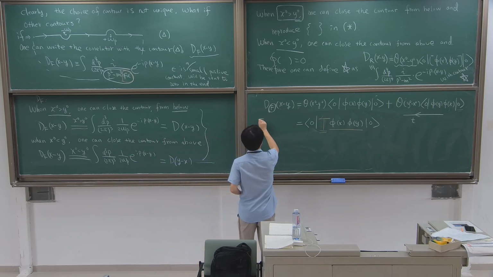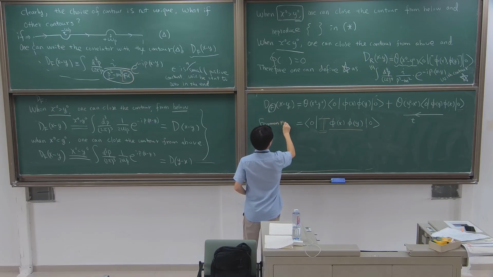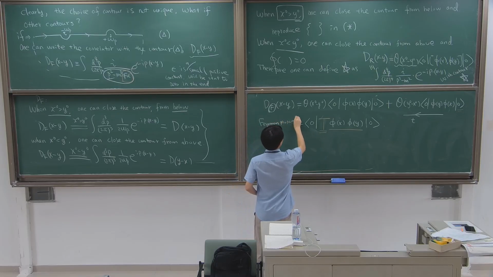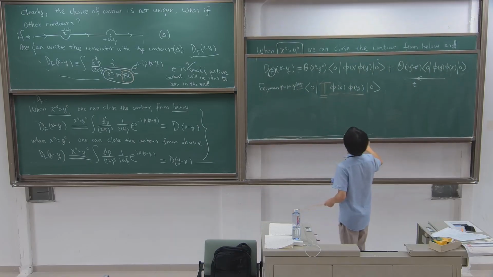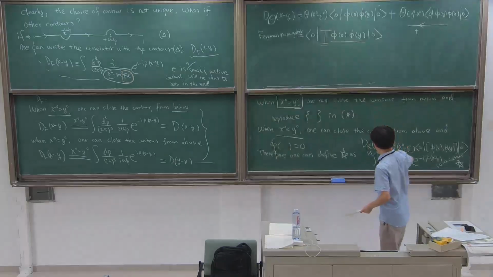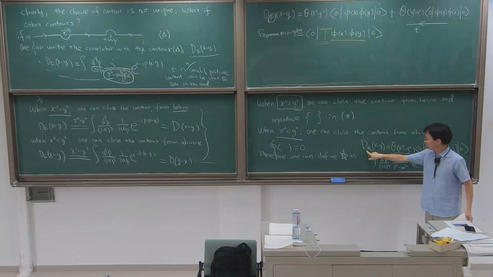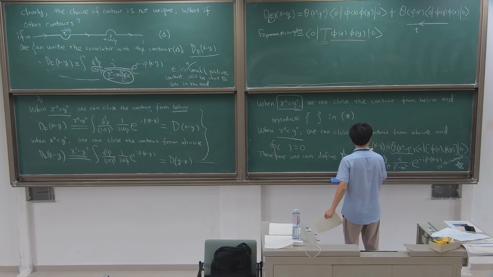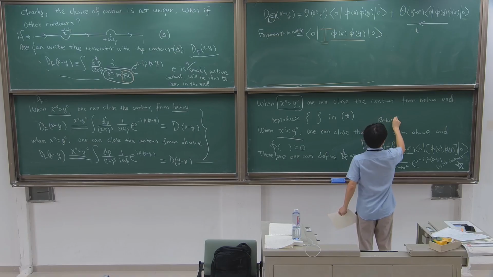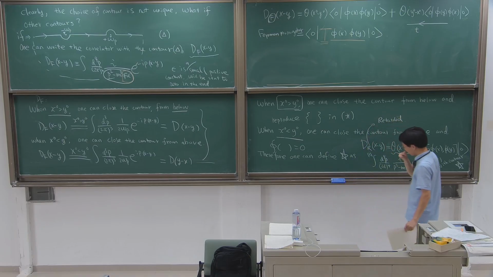Now, going back to this one before I erase it, why did I choose an R here? R also has a particular meaning. R means retarded.